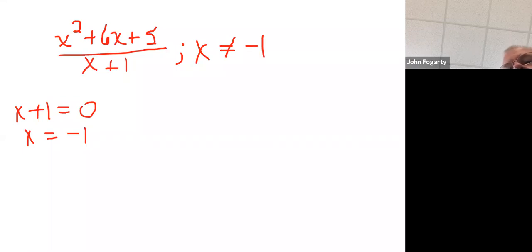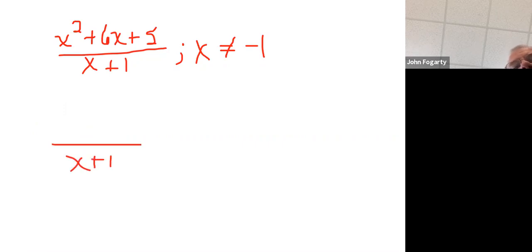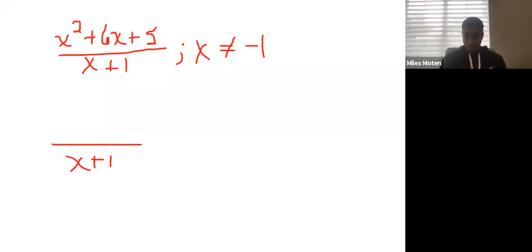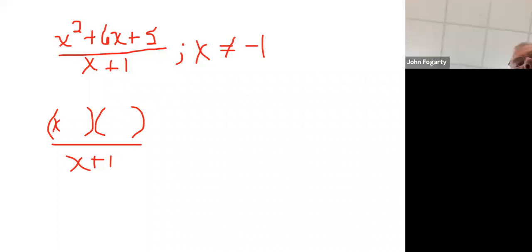So now let's simplify this expression. I don't have to factor the denominator, but I do have to factor the numerator. Now, it's a math problem, fellas. What do you think one of the factors of the numerator is? x plus 1, right? So give me the factors of positive 5 that add up to positive 6. x plus 5, x plus 1.